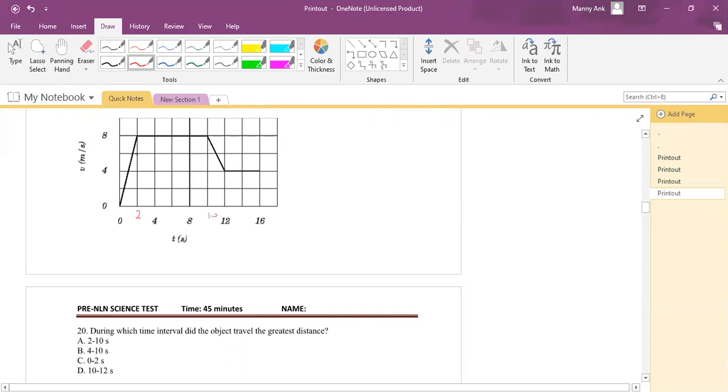So distance traveled will be all this here. And then distance traveled for 4 to 10 will be from here to 10, and that'll be this area here. But we want the greatest, and then 2 to 0 is from here, and they have 10 to 12, that is here. So the greatest is 2 to 10. That's the greatest area. 2 to 10.